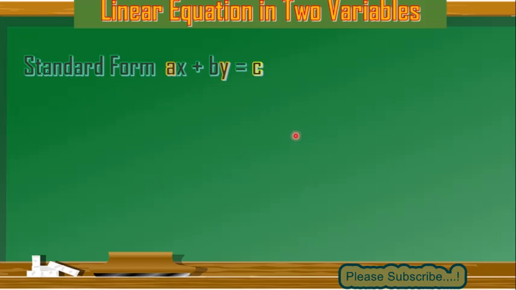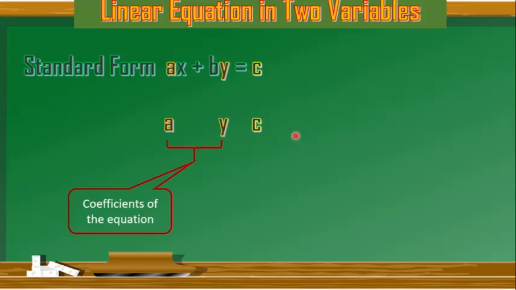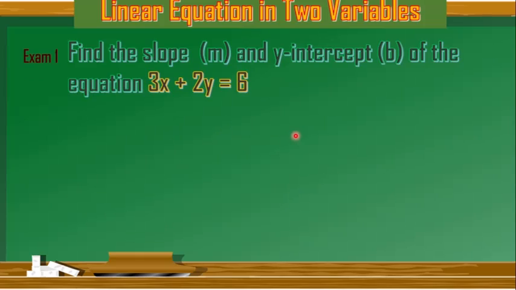Now, the standard form ax plus by equals c: the letters attached to its terms are a, b, and c. The a and b are what we call the coefficients of the equation, while the c is the constant of the equation.